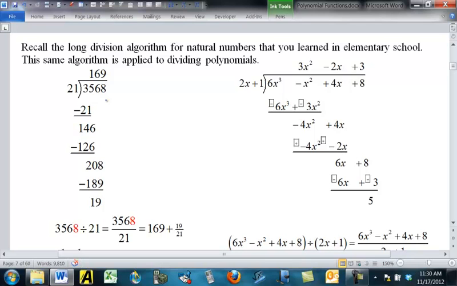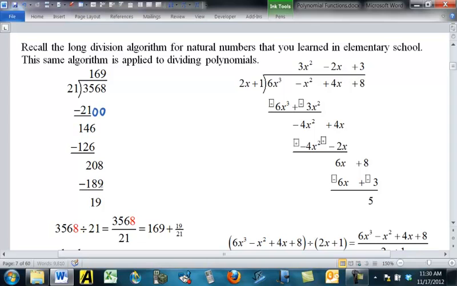So we're basically dividing this up into 21 groups. Well, there's not enough of the 3,000s to divide evenly, so you need to think of this as 3,500s. With the 3,500s, we can put one of the hundreds in each of the groups, and then we're subtracting 21.